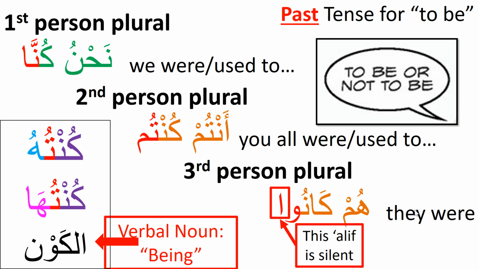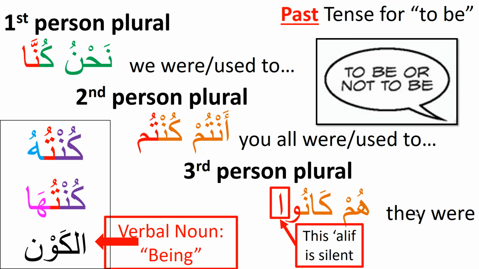So it's hum kanu yadhabun. This is they were or they used to go. That aleph at the end is silent. The aleph in the middle is not. It's an ah. Hum kanu yadhabun.